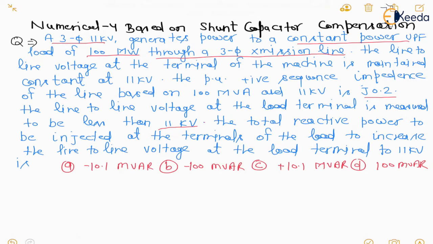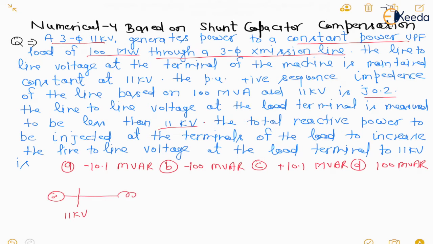So guys, first we will draw the diagram. A 3-phase 11 kV generator generates. So a 3-phase, this will be the generator and this will be the terminal voltage, and the terminal voltage has been given as 11 kV.